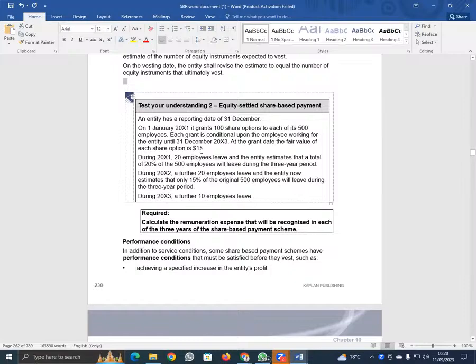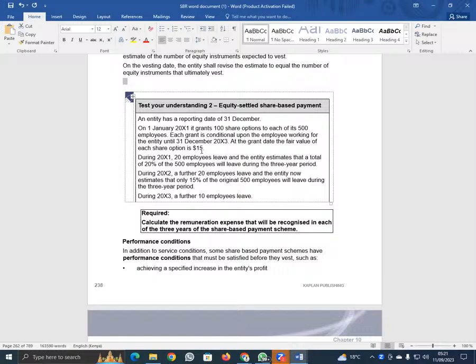Over the 3 years, I'll be using 15, 15, 15 for valuation. When we made the promise about giving these shares, the price existing was 15, and I shall stay with that price of 15 till the end, because this is equity settled, not cash settled.